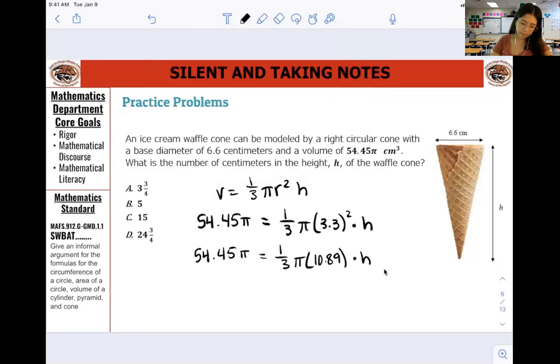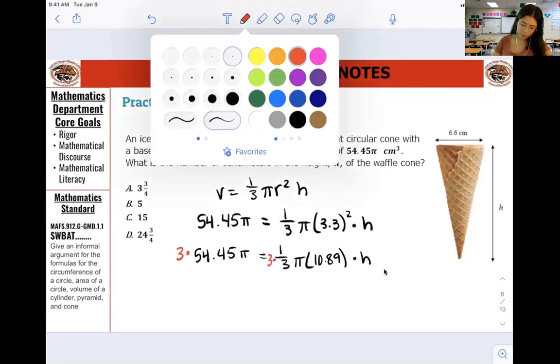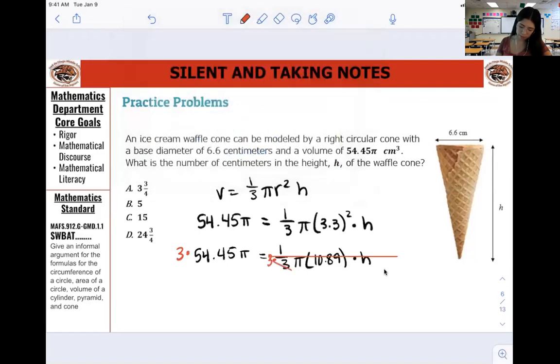Good, get rid of that fraction. 54.45 times 3, what does that give me? 163.35 pi. And then I'm just gonna rewrite this a slightly different way. We have 10.89 pi h.